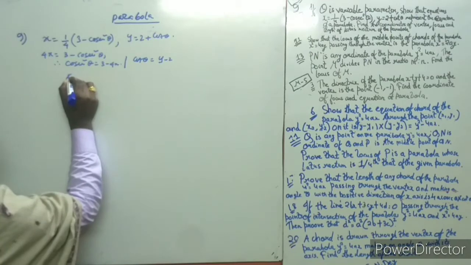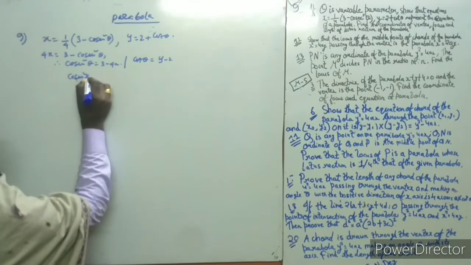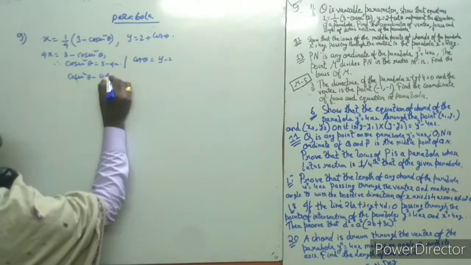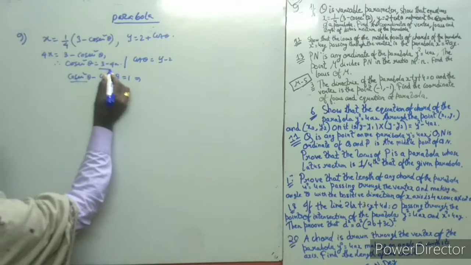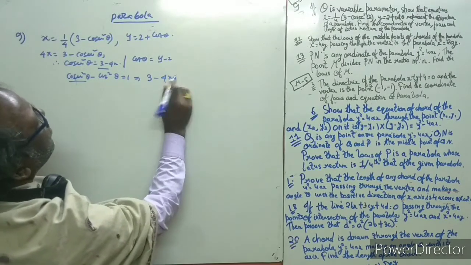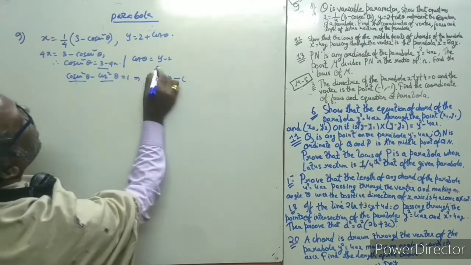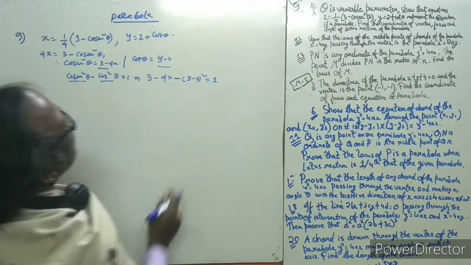You know the identity of trigonometry: cosec square theta minus cot square theta is equal to 1. This implies that cosec square theta is 3 minus 4x, minus cot square theta, which is y minus 2 whole square, equal to 1.